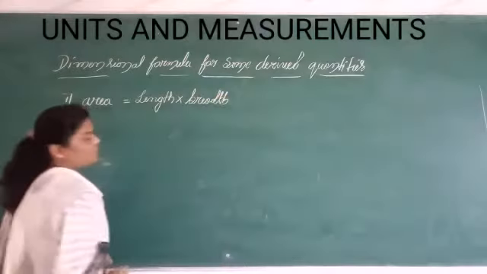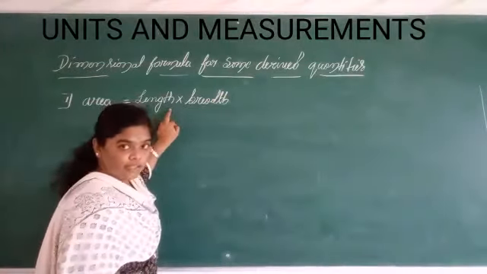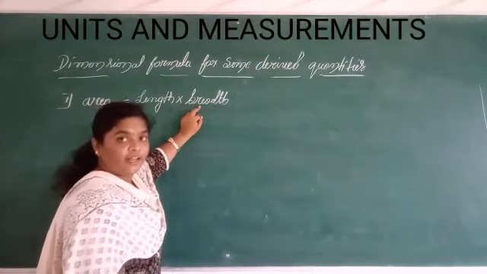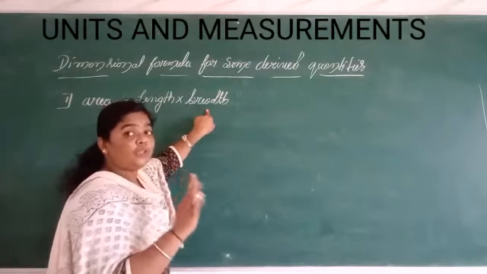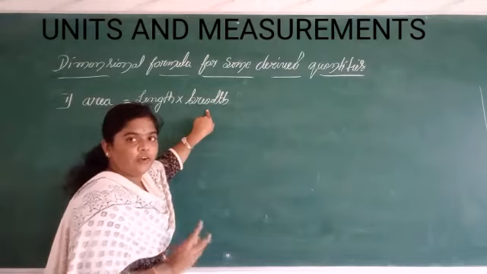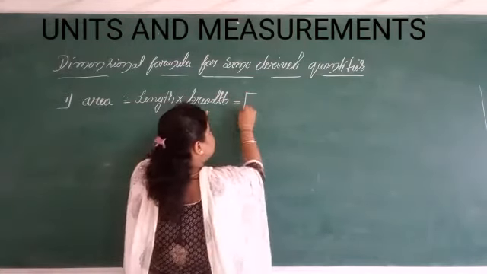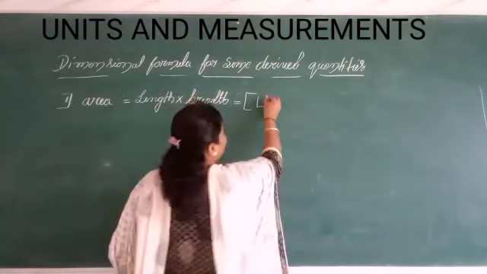ಲೆಂತ್ ಇಂಟು ಬ್ರೆಡ್ತ್ ಅಂತಂದ್ರೆ ಇಲ್ಲಿ dimension of length is L and width is also a length. ಅಂದ್ರೆ 2 times of length, ಇಲ್ಲೊಂದಿದೆ, ಇಲ್ಲೊಂದಿದೆ, 1 + 1 = 2.